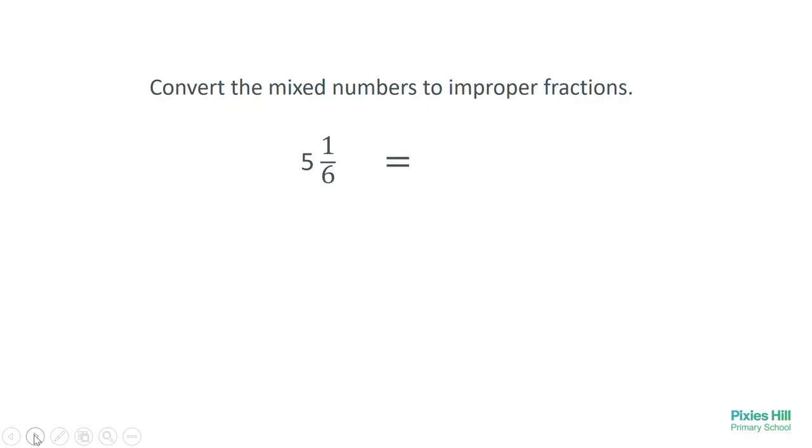Once they are confident with this as a concept, children move on to using their times table knowledge to find the improper fraction equivalent to the integer part of the mixed number, before adding on any remaining fractional parts.